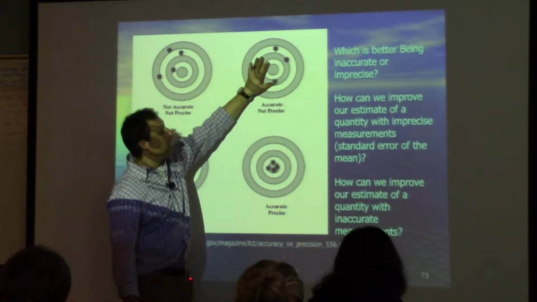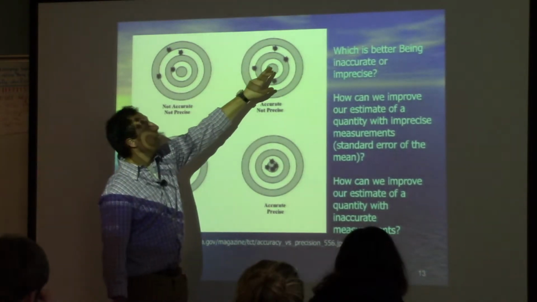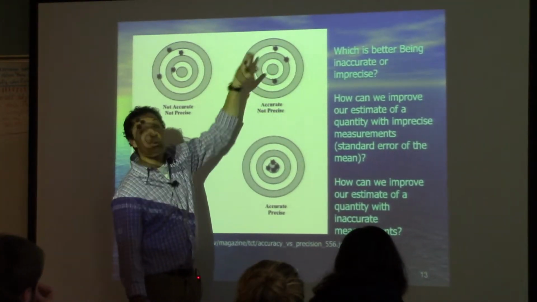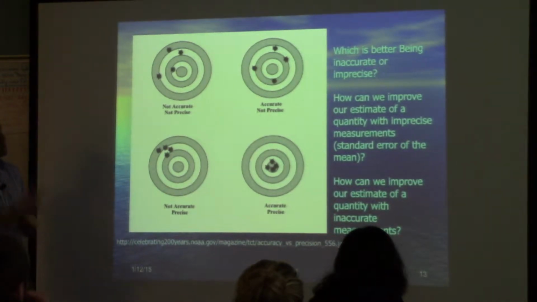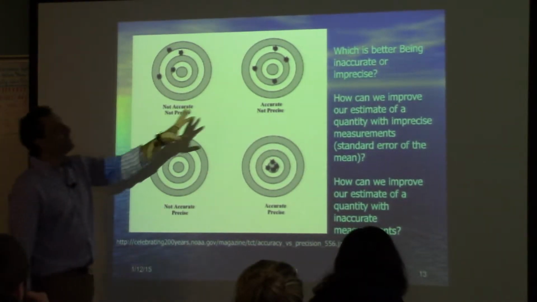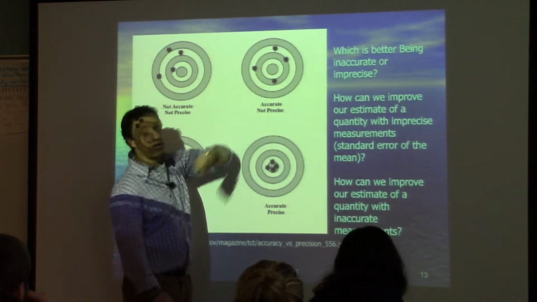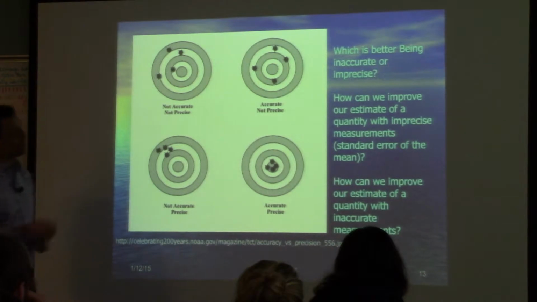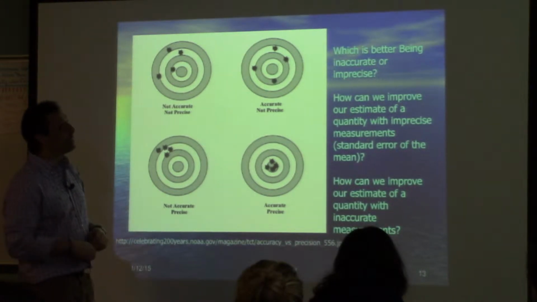But this is not so bad. Being accurate and not precise, I can still get a good estimate of where the center is by shooting more. It turns out that when you take independent measurements of the same quantity again and again, you can estimate the right position of the average better. The error is reduced like the square root of your number of observations.